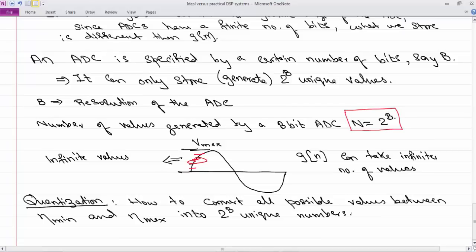If you want to think about a motivation for this, grading in universities which use letter grades is a good example. Theoretically speaking, let's say if you have 0 to 100%, a student could take any number between 0 and 100%.